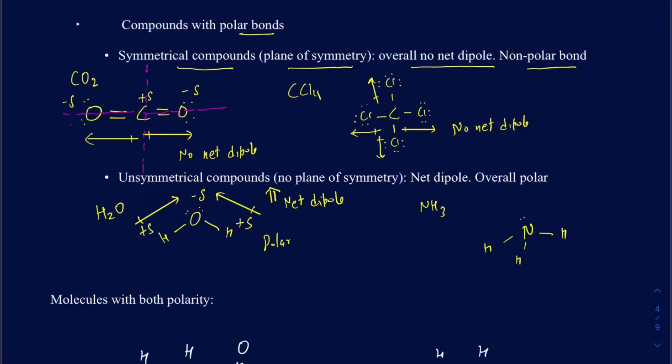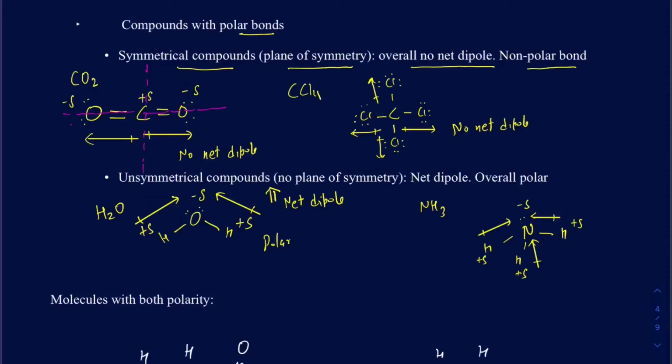So nitrogen being more electronegative, it's going to be partial negative charge. Hydrogen is going to be partial positive. And you can clearly see there is going to be a dipole going toward the center there. And maybe some of the dipoles cancel one another out, but not all of them.